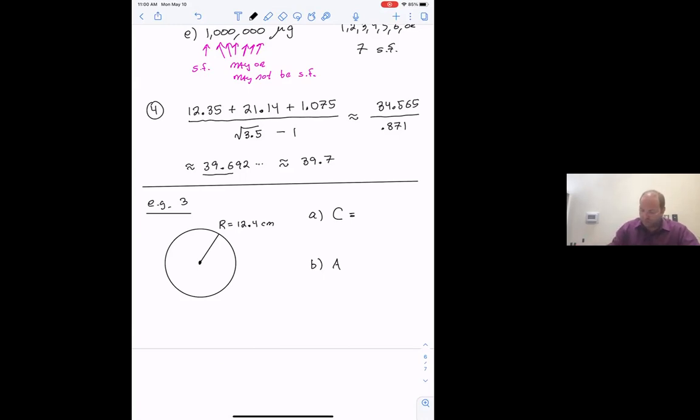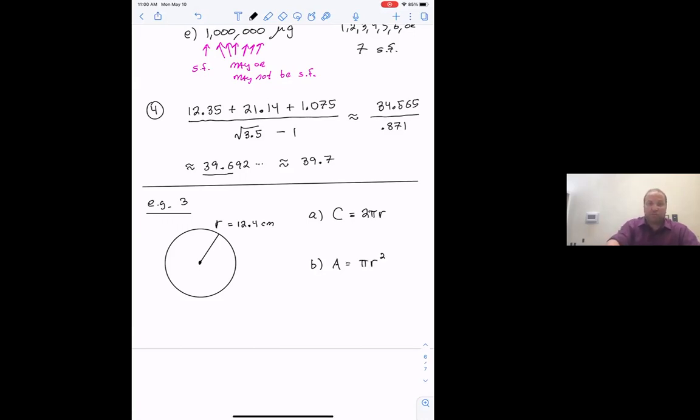The circumference is given by its traditional formula 2 pi r, 2 pi times the radius. The formula book uses lowercase r, so I'll conform with that. And the area is pi r squared.